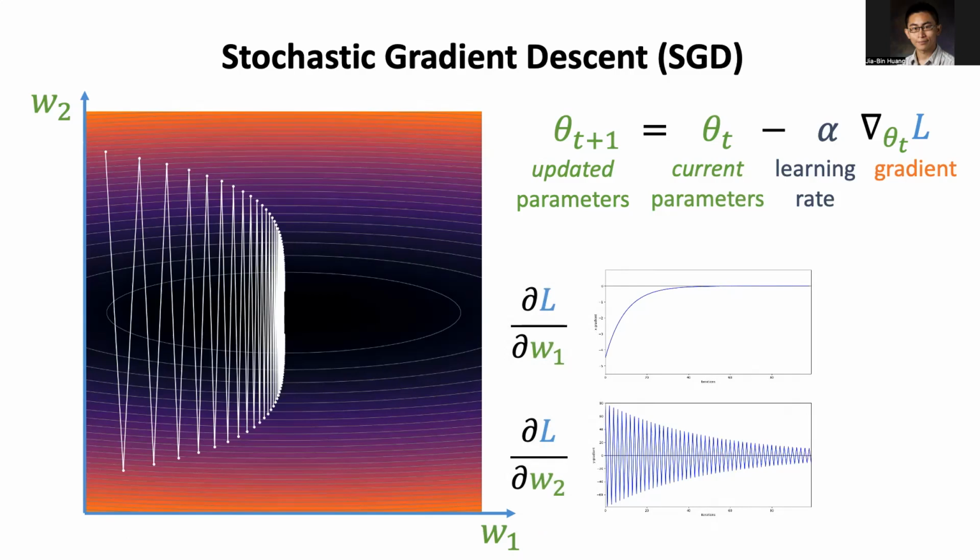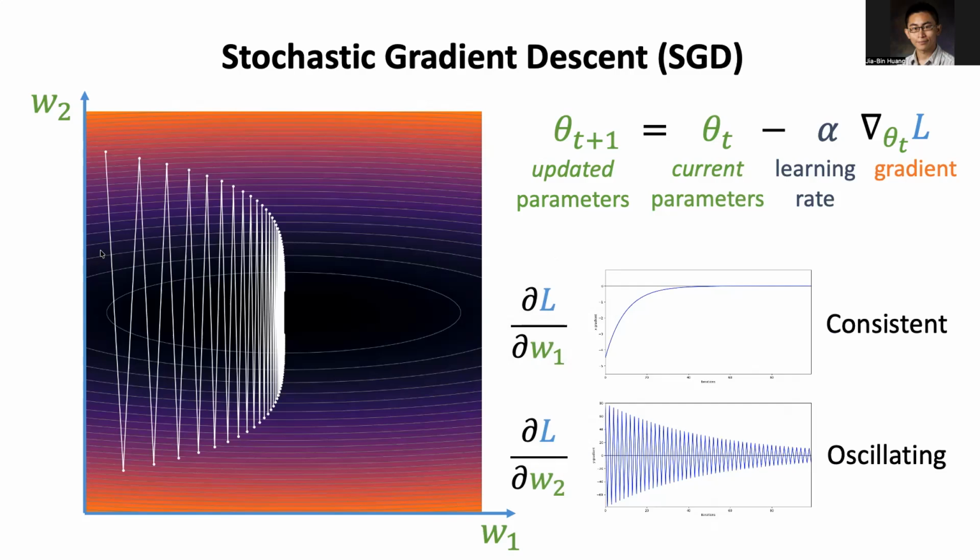What does it tell us in this case? It shows that the gradient in the direction of W1 is more or less consistent, the value is the same, whereas the gradient for W2 is very oscillating. It's positive, negative, right? Because you are jumping back and forth. So here comes the idea.